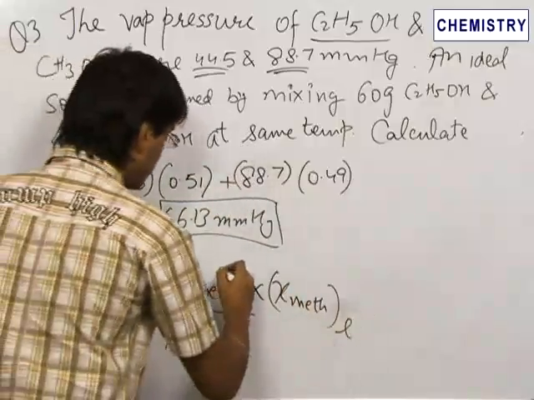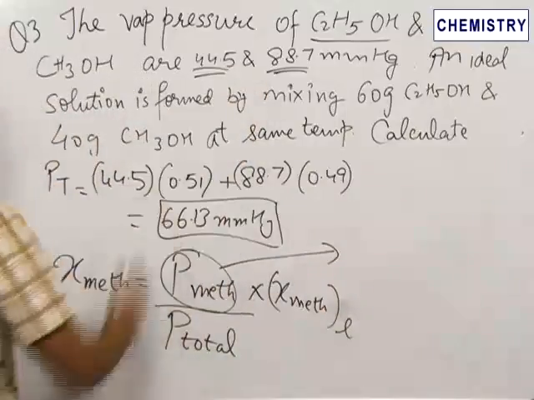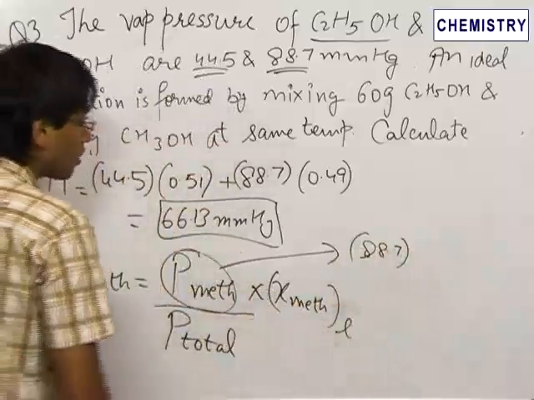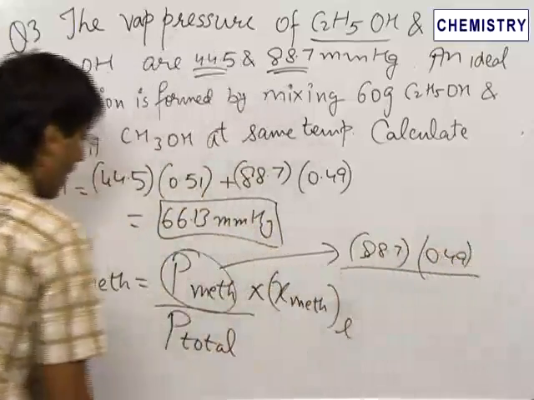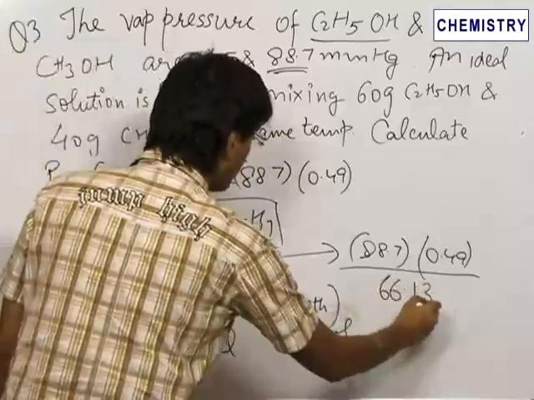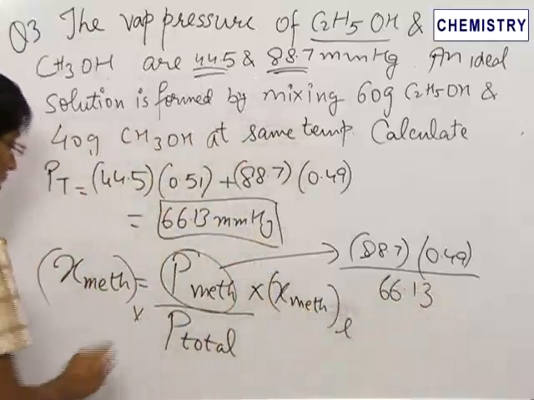We have found the vapor pressure. This is the vapor pressure of methanol, which is given to be equal to 88.7 into the mole fraction of methanol, which was 0.49, divided by the total pressure, which we found out to be equal to 66.13. This is the mole fraction of methanol in the vapor state.